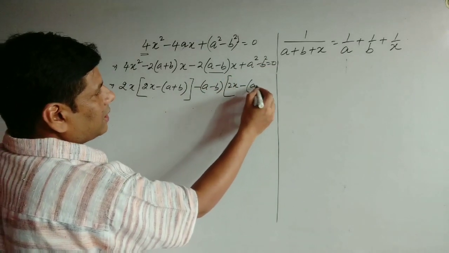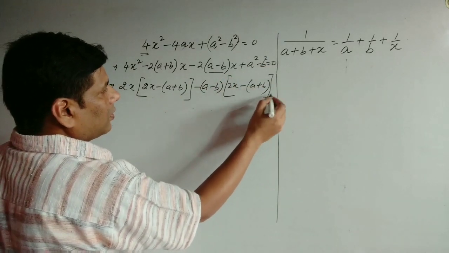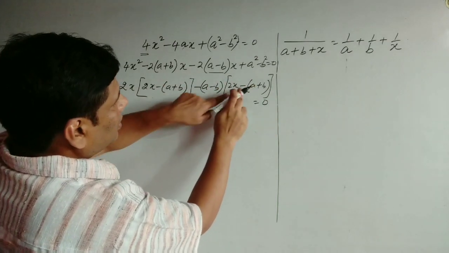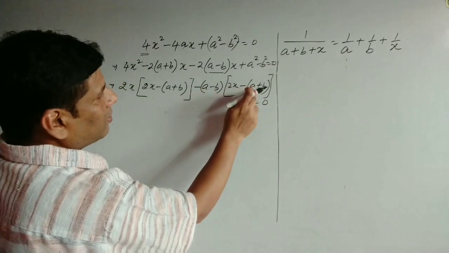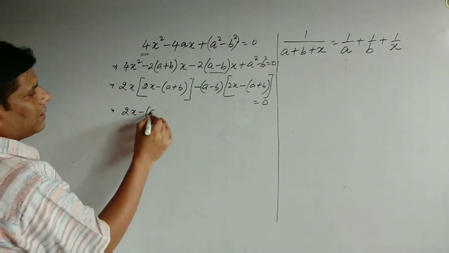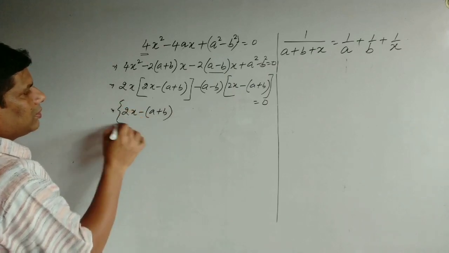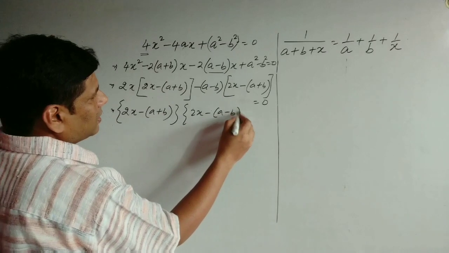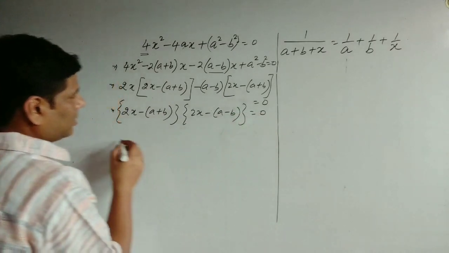So minus (a plus b) equals 0. Why minus? Because here it is minus sign, so in bracket we have a plus b. So 2x minus (a plus b) and 2x minus (a minus b) will be the factors.